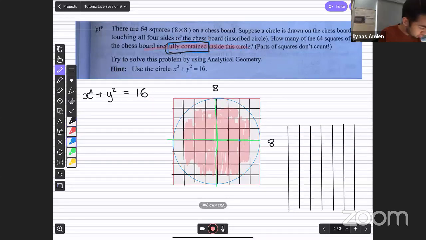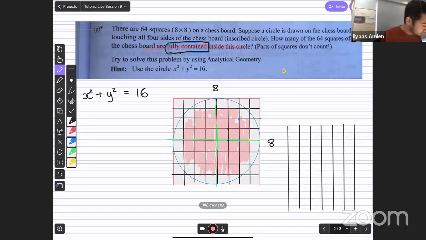If that's 2, then that's going to be 2. If you choose this to be 3, then that will be 3. Now you have to see, if the equation is x squared plus y squared equals 16, if you choose x to be 3, what's the y value?